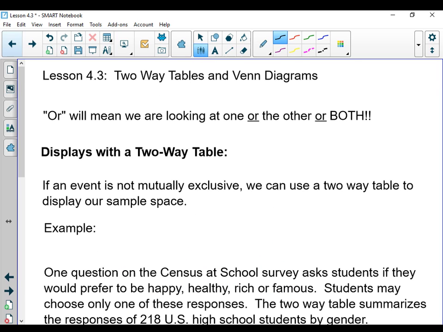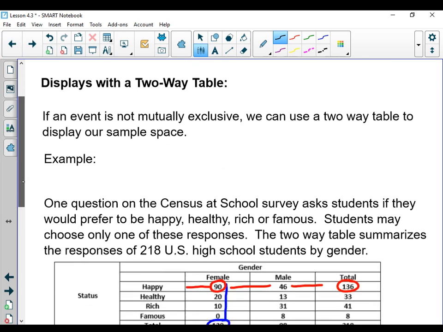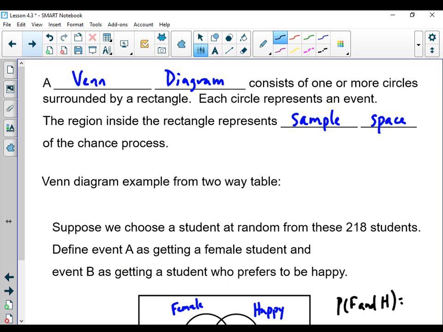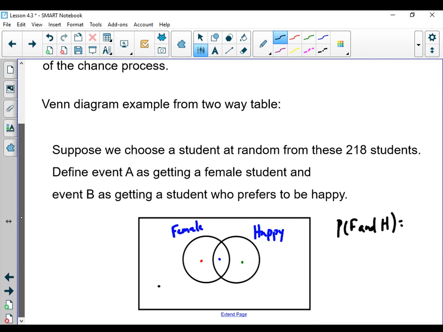And in our 2A table, the female and happy was 90 out of 218. I'll come back to that here in a second. We'll put that into a decimal.